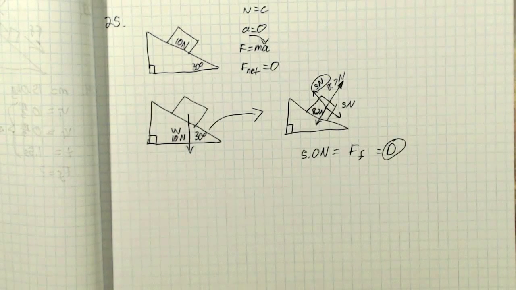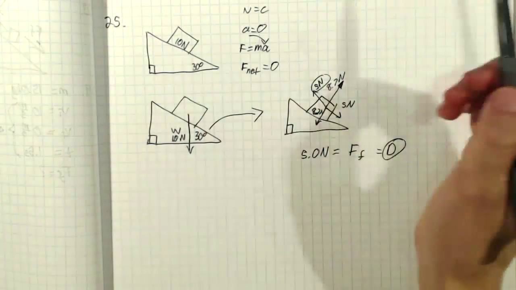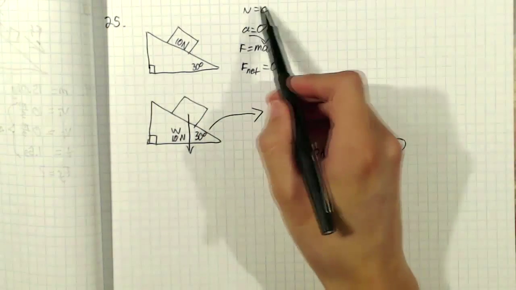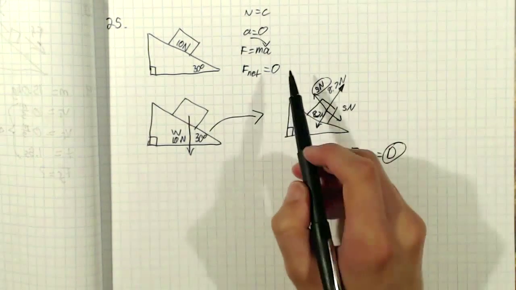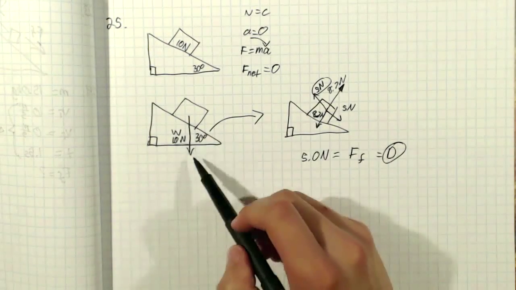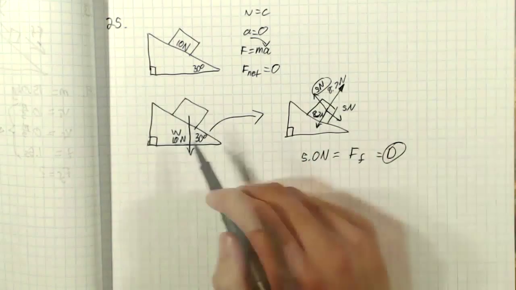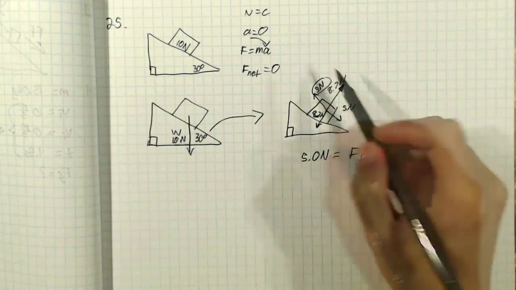So again, just to recap, it gave you the weight of the object, and it told you that it was moving at a constant velocity. When you have a constant velocity, that means your net force has to be 0. So then you have to look at this and say, okay, if this is my weight and it's sitting on a ramp, I have to balance this weight with forces that are going to give it a net force of 0.